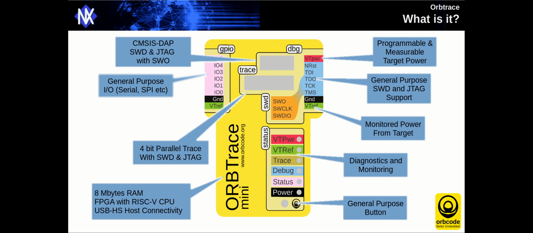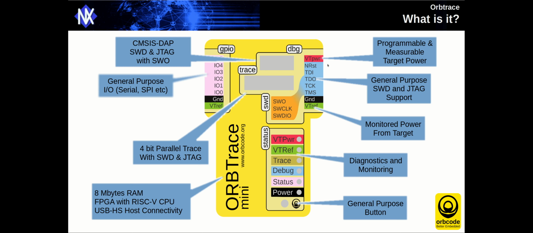Okay, so what can it do? We can power the target, so we can set the voltage and measure the current, and we can do that quite quickly, so we can watch what's going on on the target device, what its power consumption looks like. And we have all of the various programming pins for either JTAG or SWD available on the 10 pin and the 20 pin connector, and also available through individual 0.1 inch headers as well.